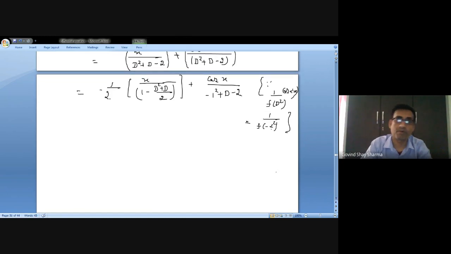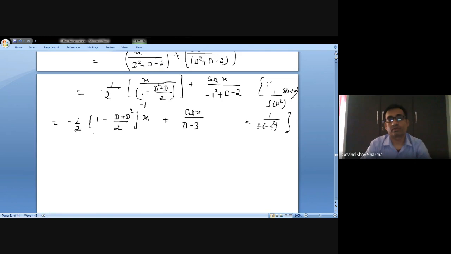Here minus half, we take 1 minus (D plus D square upon 2) inverse of x, plus cos x upon D minus 3.